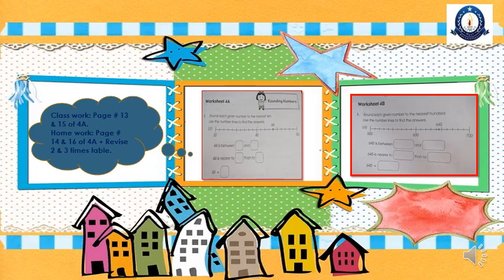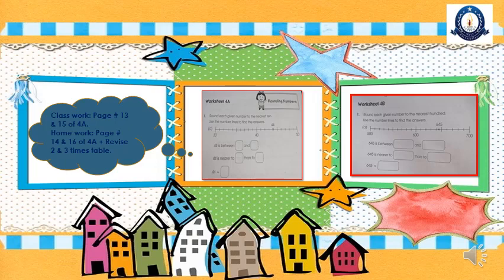Okay, let's see classwork page number 13. Look at the question. Round each given number to the nearest 10. This is a number line. You have to round off 44. The question is: 44 is between dash and dash. Look at the benchmarks of 44: 40 and 50.